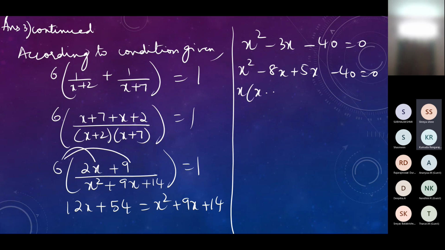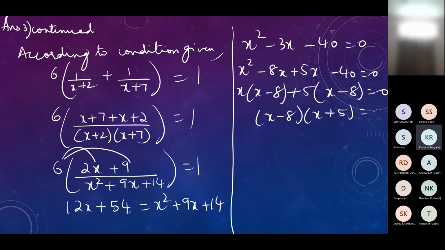So x into x minus 8 plus 5 into x minus 8 is equal to 0. So x minus 8 into x plus 5 is equal to 0. So x is equal to 8 or x is equal to minus 5.